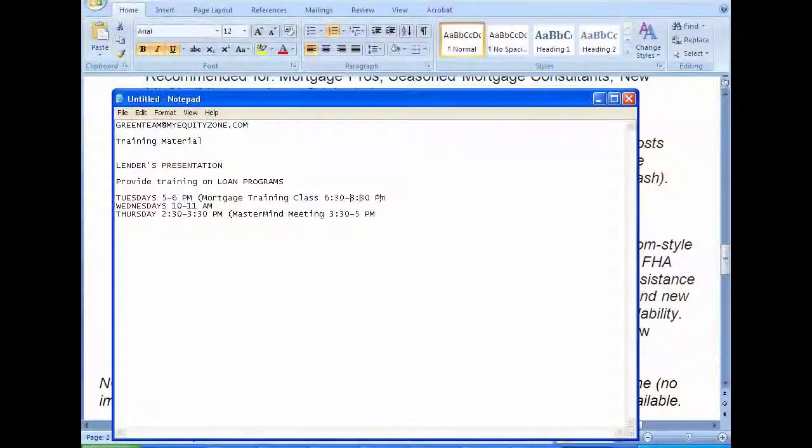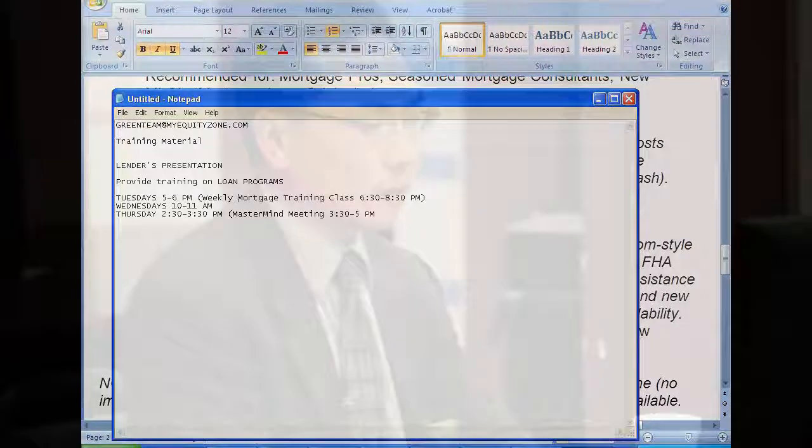Tomorrow's mortgage training is actually on FHA 203K streamline loans. What that simply means is a renovation loan. You can buy a dilapidated home, for lack of a better term, a fixer-upper, and they can give you up to $35,000 and up to 6 months after you buy it to fix it.